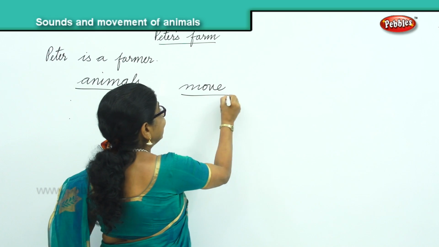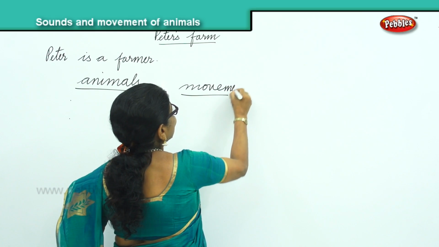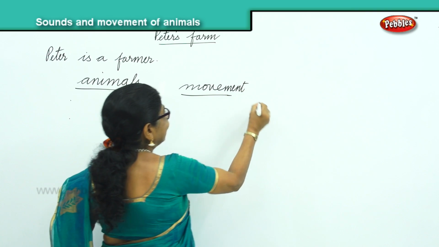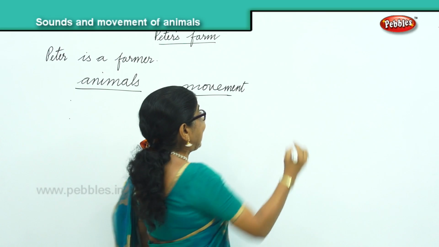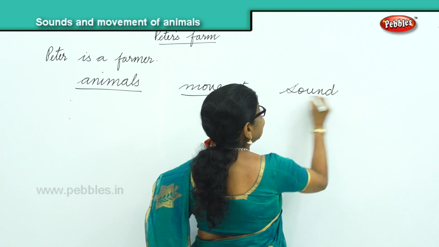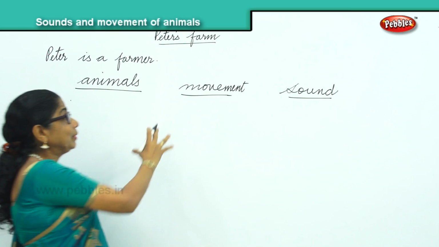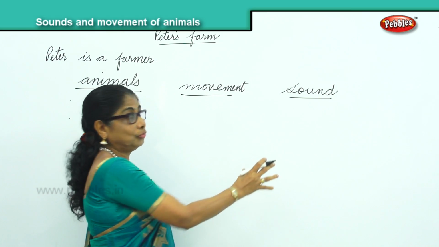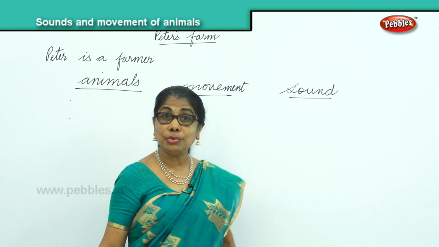What is the movement they make? Then each animal has a different sound. What's the sound that they make? Peter's got animals in his farm. They move about in the farm and they also make sound.